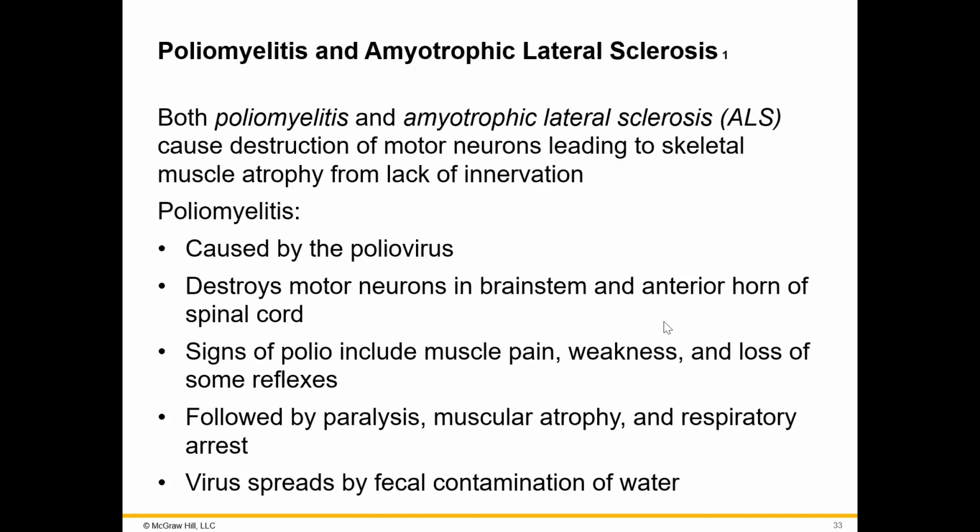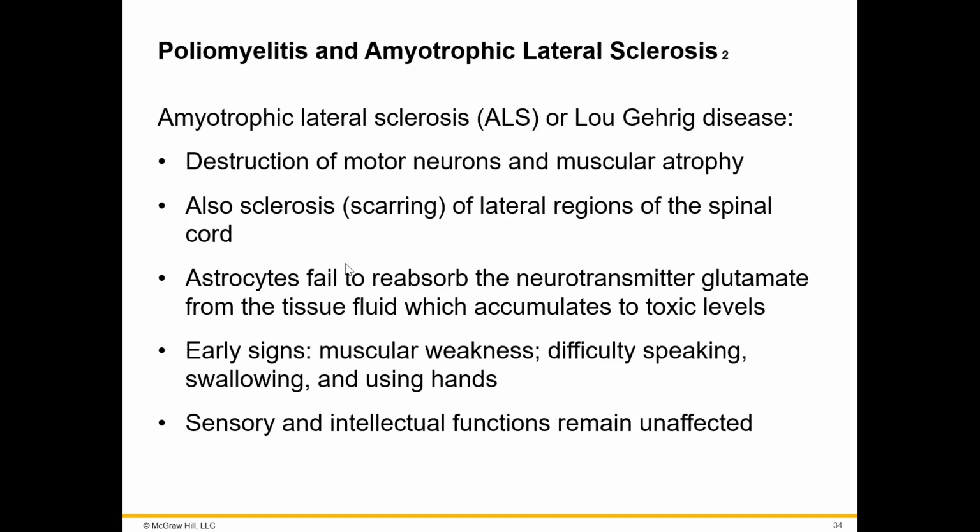It destroys the motor neurons in the brainstem and the anterior horn of the spinal cord. Signs of polio include muscle pain, weakness, and loss of some reflexes. They are followed by paralysis, muscular atrophy, and respiratory arrest. The virus spreads by fecal contamination of water.